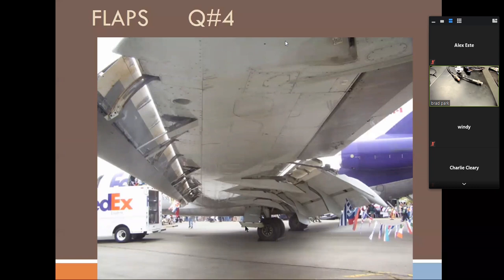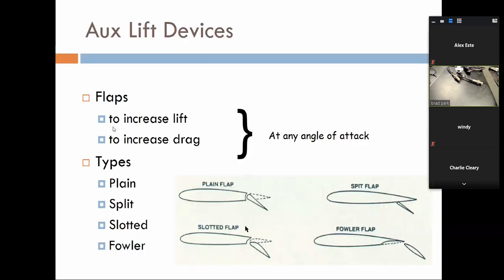So if you remember, flaps do provide lift, but they also provide drag as well. So that was the answer. So again, they increase lift, but they also increase drag. Couple of types of flaps: the plain flap, the slotted flap, split flap, and then the Fowler flap.